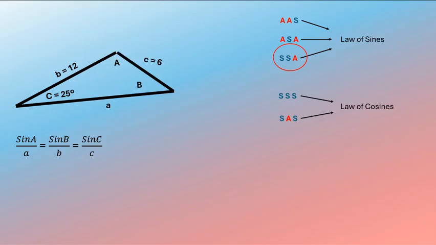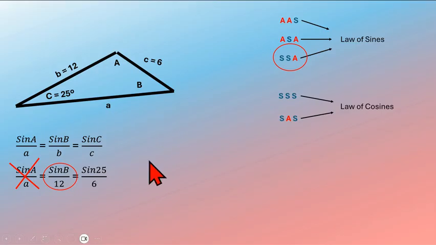Now, if we have a picture of the triangle and we know which of these two angles, A or B, is the smallest, then what we need to do is find that one first using the law of sines, right? And so if we know that B is a smaller angle than A, then we just ignore angle A for a while and we find angle B first using the law of sines.